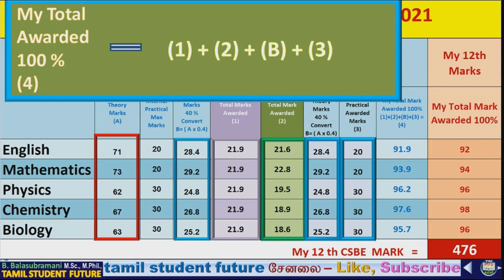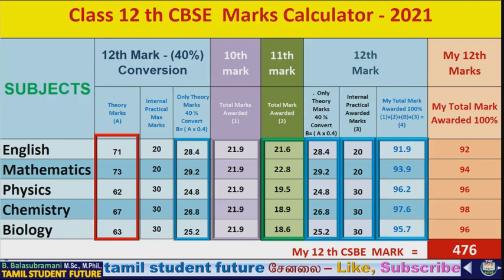So 1 plus 2 plus B plus 3 equals 4, that is my total award, 100% marks: 91.9, 93.9, 96.2, 97.6, 95.5. So my 12th mark 100% total is 476. My 12th CBSE mark is 476.